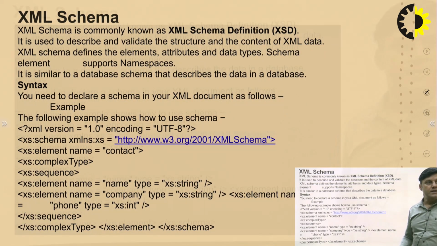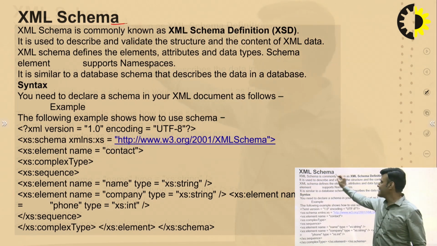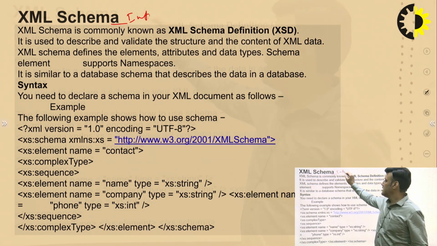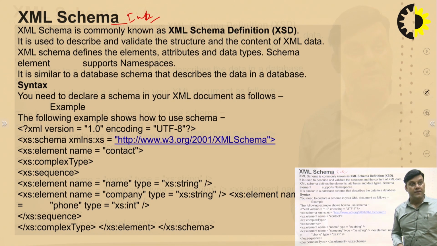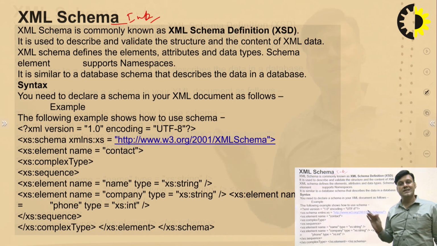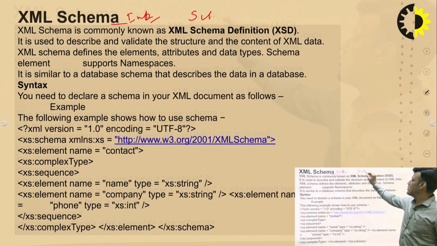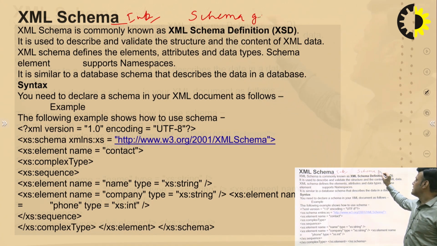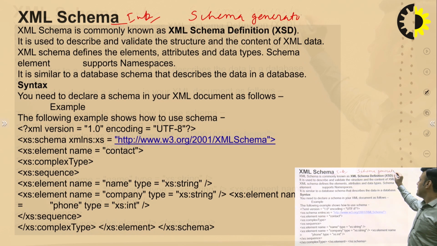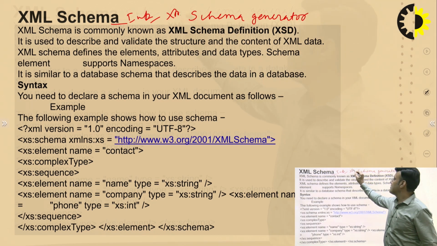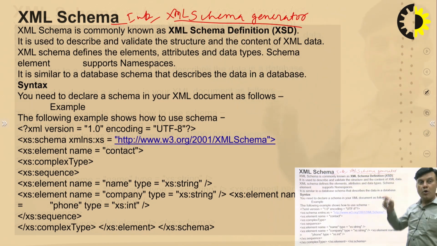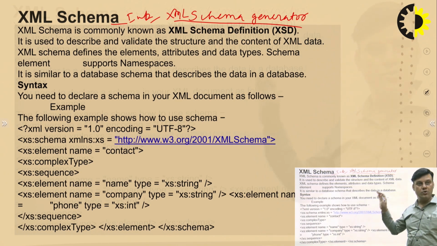Okay. So now XML schema, this is also very important. We have schema generator tools online. We can type on Google XML schema generator, then copy the XML file into those tools and the schema is generated.